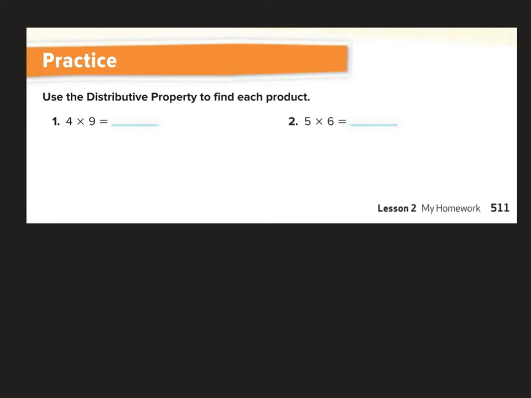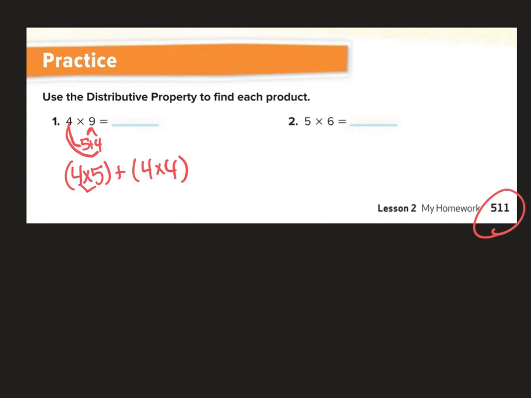All right. So here I'm looking at page 511. Let's do these guys. Okay, 4 and 9. Let's break 9 into 5 plus 4. So what I'm going to do is I'm going to multiply 4 times 5. Put my parentheses around there. Plus 4 times 4.